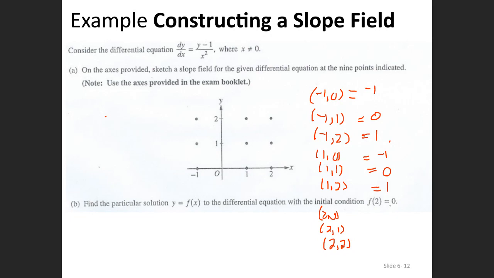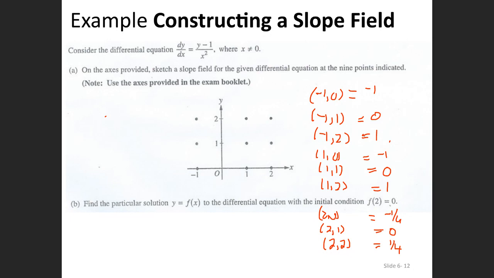Correct. 2, 0. Negative 1/4. 2, 1. 0. Anytime there's a 1, it's going to be 0, right? And 2, 2. 1/4.